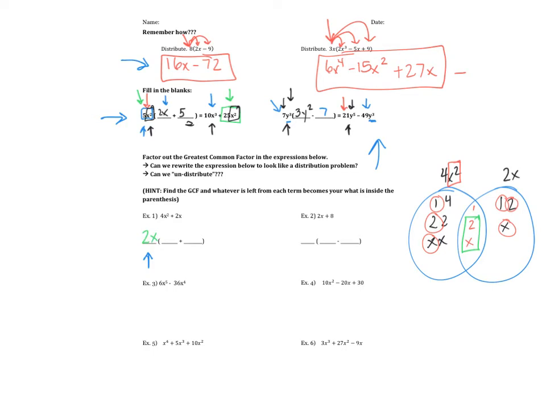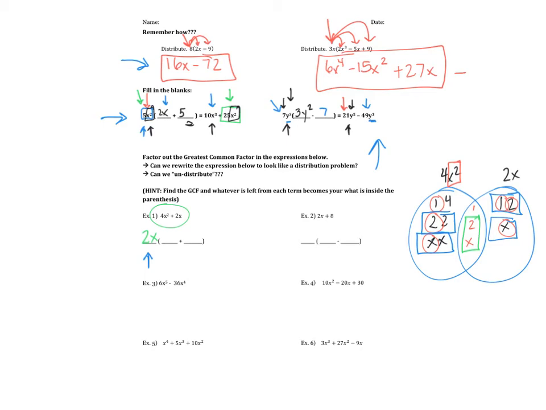Now, when we're working with expressions, what I want you to do after you find the GCF is I want you to square each pair that we took the GCF out of, okay? So we took one out of there, and we took one out of here, okay? We also took out of here, and we took out of here. Now that we have the boxes squared, what I want you to do is write what is not circled that was left in the boxes.